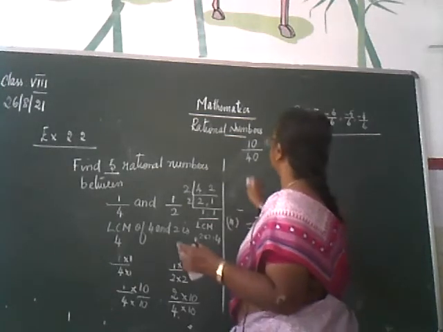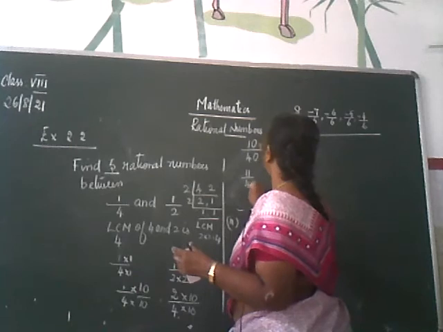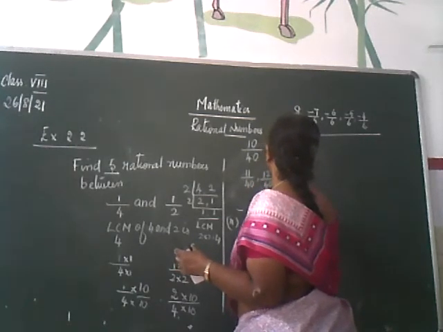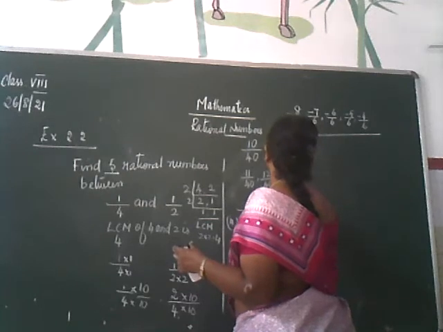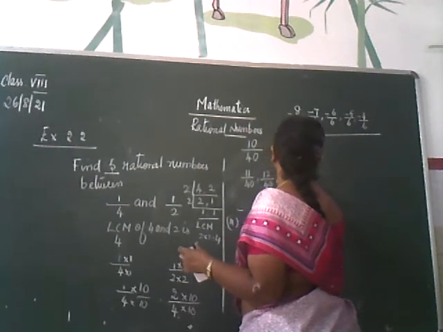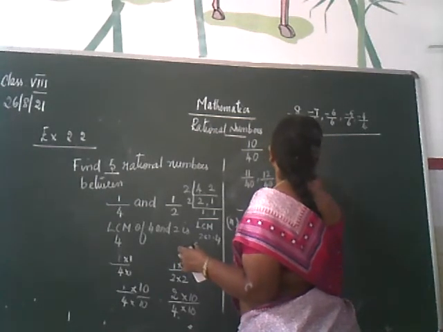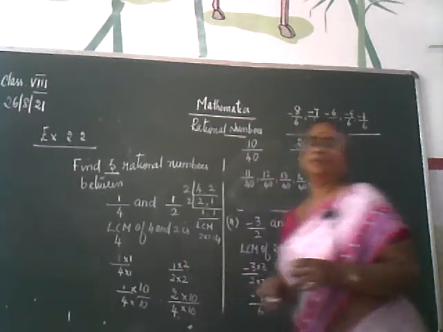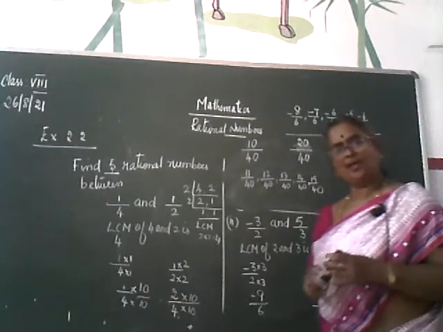So, you can write 11 by 40, 12 by 40, 13 by 40, 14 by 40, 15 by 40. That's all. Okay, understood?